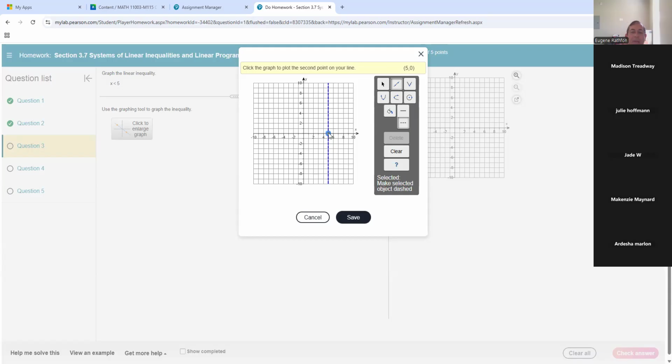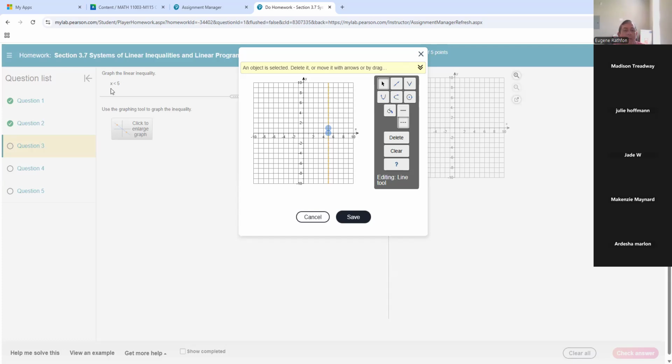So I could do 5, 0 and 5, 1 if I want to. I could have done 5, 0 and 5, 5. It does not matter what 2 points you pick as long as your x value is 5 on that one, okay?